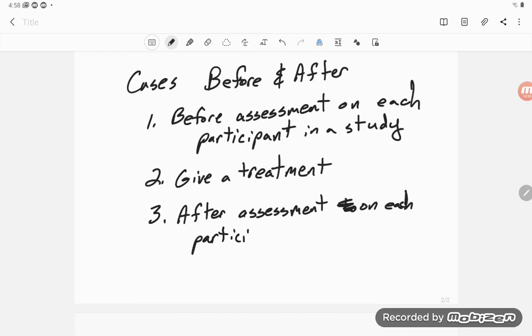And so these definitely look like they ought to be paired, right? I would expect that if a participant had a low score, whatever that means, that could be good or bad, but a low score to begin with, then after the treatment, I would assume they would still have a low score or a lower score than other people if I'm calling it low.